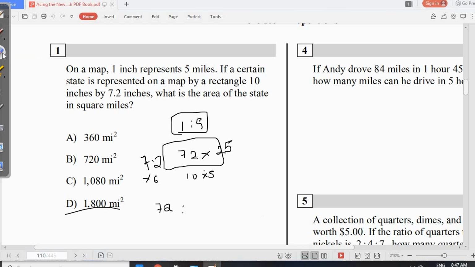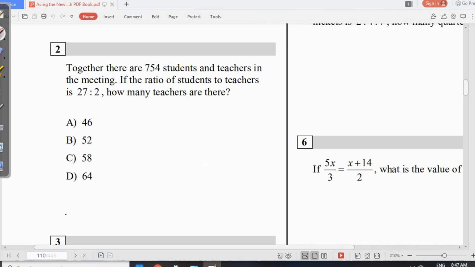Okay, so let's go. Here, in this question, together there are 754 students and teachers in the meeting. So you have students plus teachers at 754. Then the ratio of students to teachers is 27 to 2, so students over teachers is equal to 27 over 2.